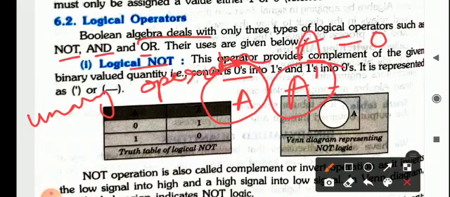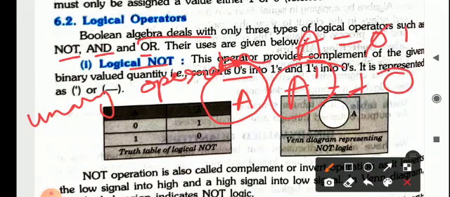So it will reverse the input value. For example, A is the input variable and its value is 0. Since the NOT operator is applied on this, it will become 1. If here it is 1, it will change to 0.